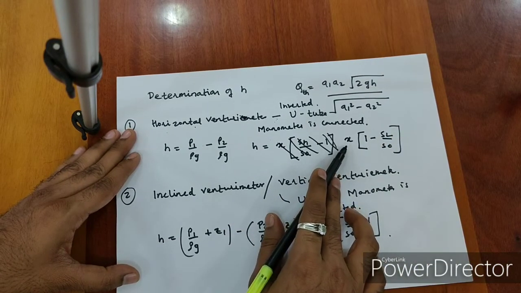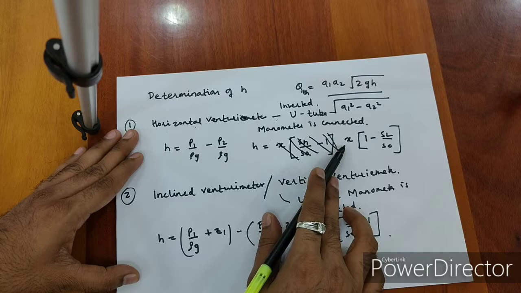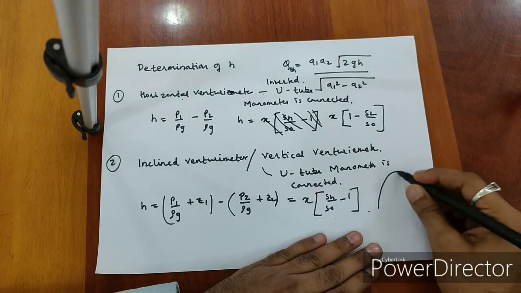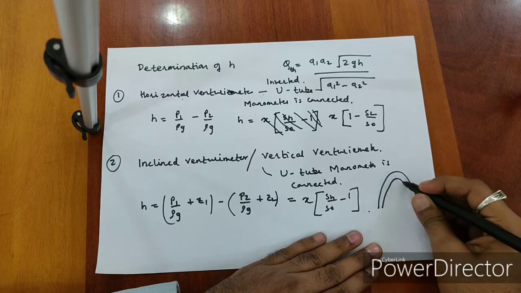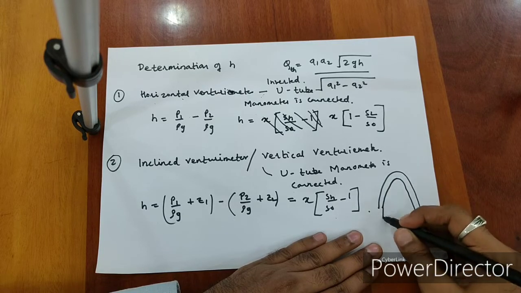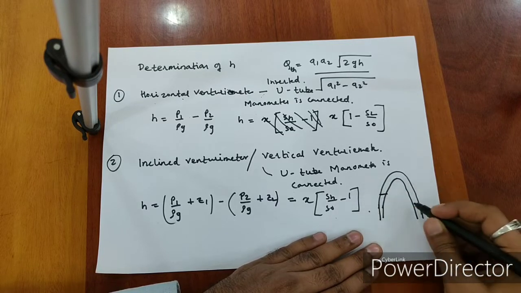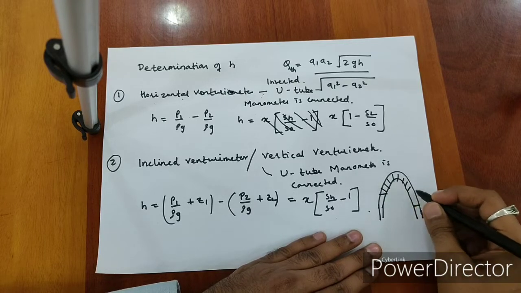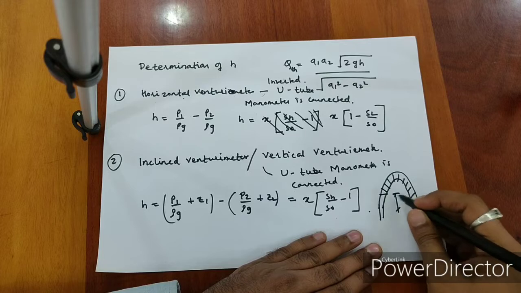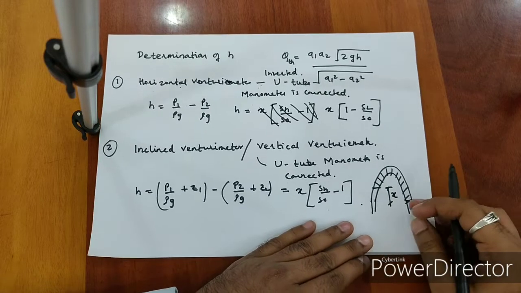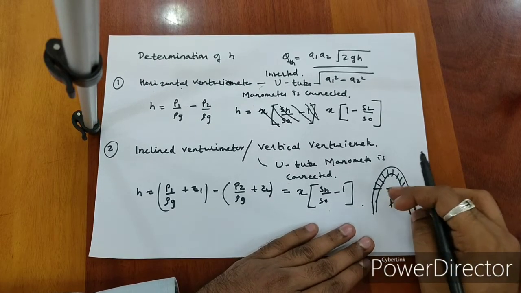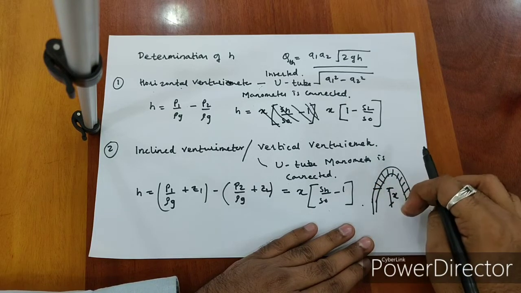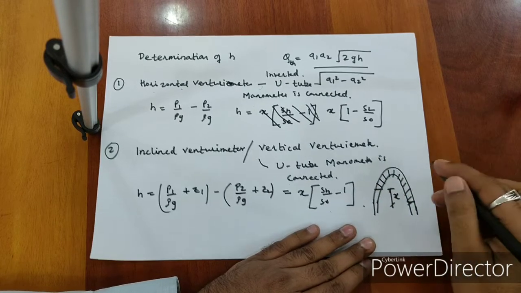X is the difference of manometric liquid in the inverted U-tube. It is like this: you can indicate the manometric liquid like this, and this will be X distance. X is nothing but the difference of level of manometric liquid in the inverted U-tube manometer.